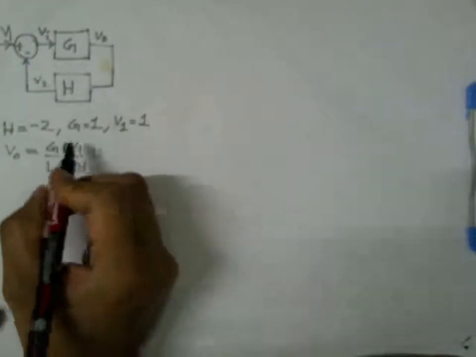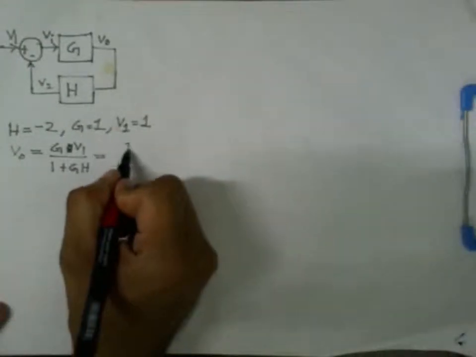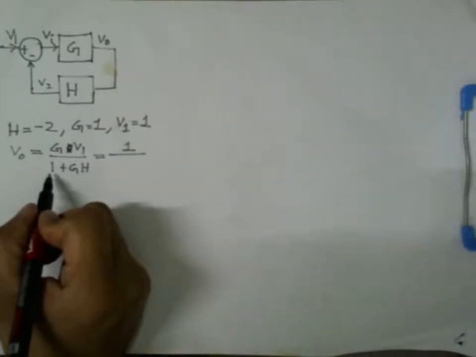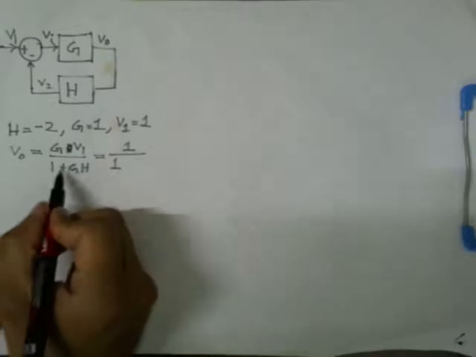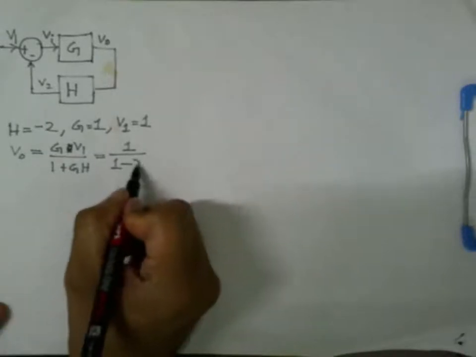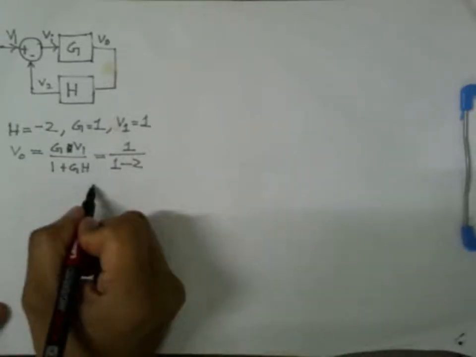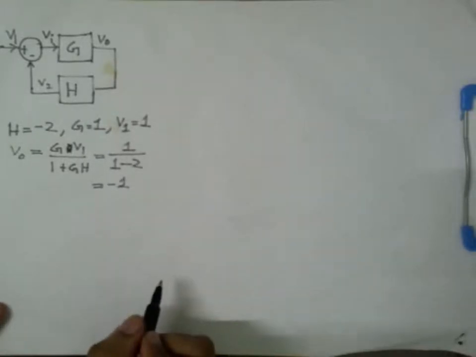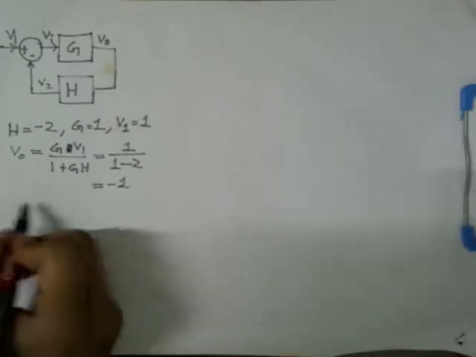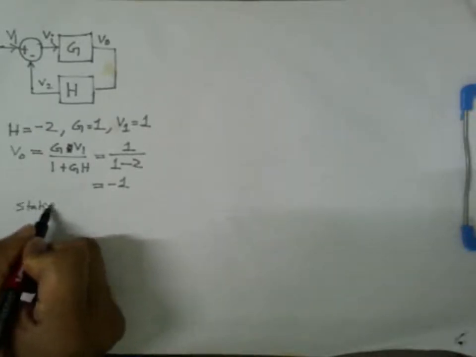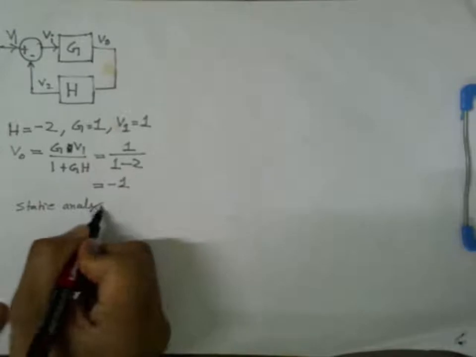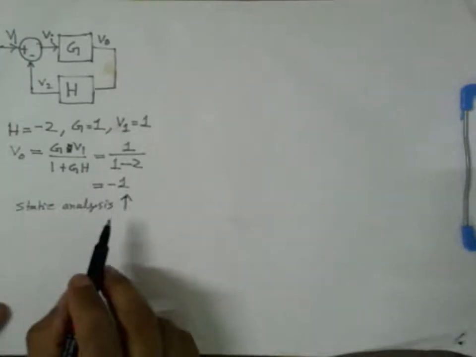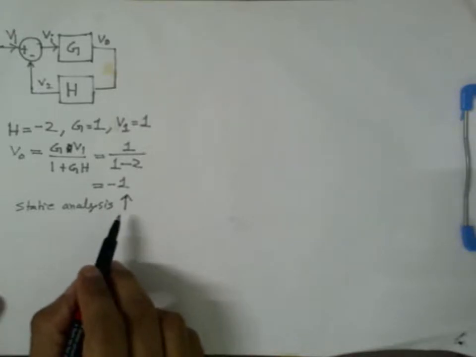I will have 1 times 1 is 1, divided by 1, but now minus 2. So this will become minus 1, right? So this is what the static analysis tells us, that VO should be equal to minus 1.